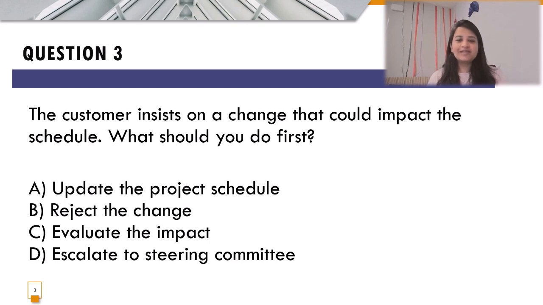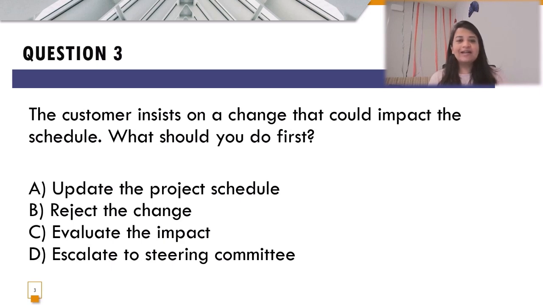Question number 3 says the customer insists on a change that could impact the schedule. So what should you do first? Update the project schedule, reject the change, evaluate the impact, or escalate to the steering committee.